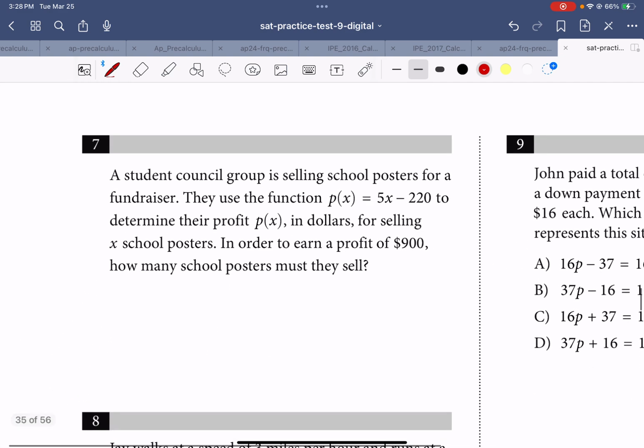All right. Number 7. A student council group is selling school posters for a fundraiser, and they use a function P of x equals 5x minus 220 to determine their profit P of x in dollars for selling x school posters. In order to earn a profit of $900, how many school posters must they sell? So you plug 900 into the given equation.